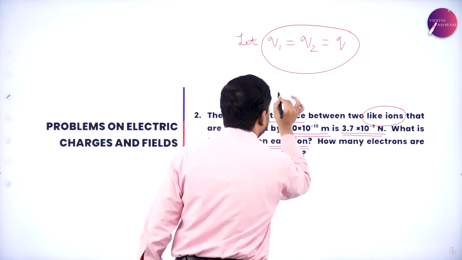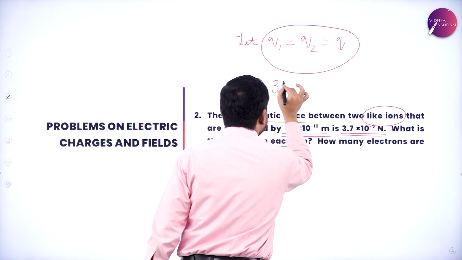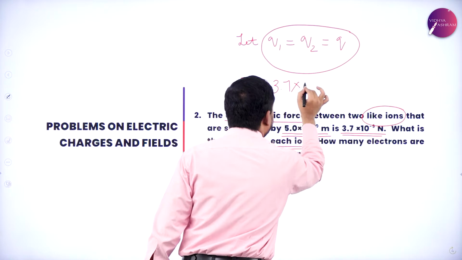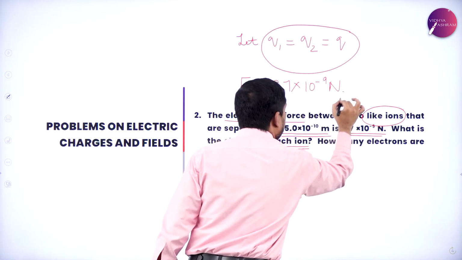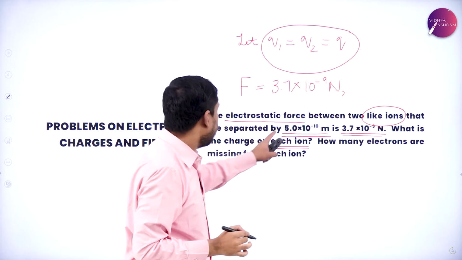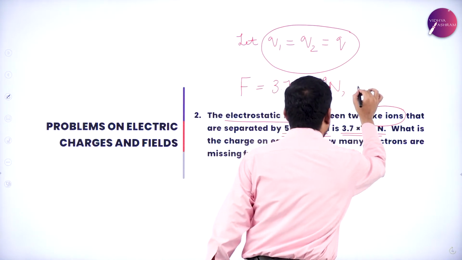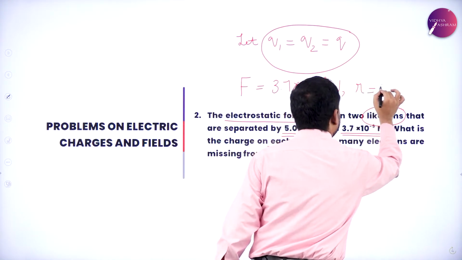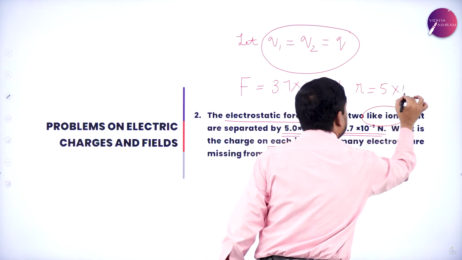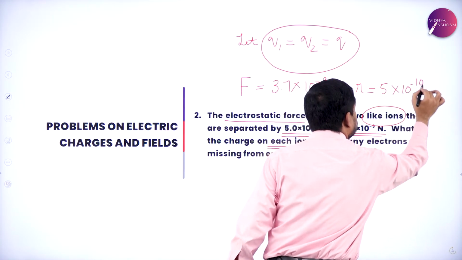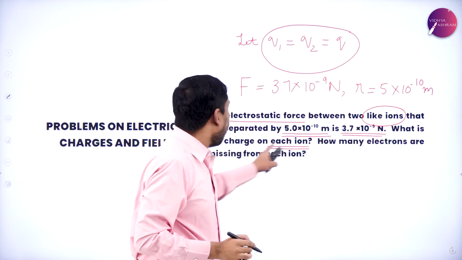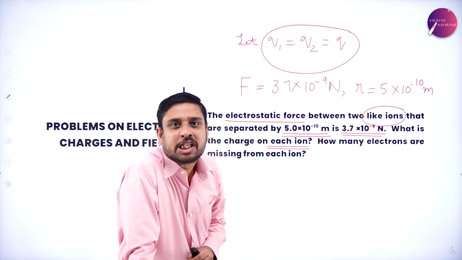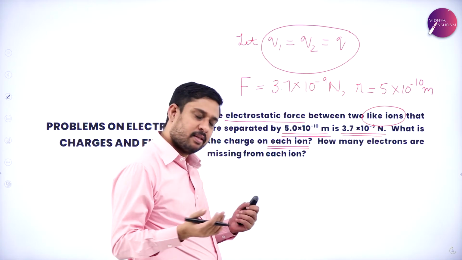It is 3.7 into 10 power minus 9 Newton. And the distance of separation 5 into 10 power minus 10 meter. I have to calculate the charge on each ion.